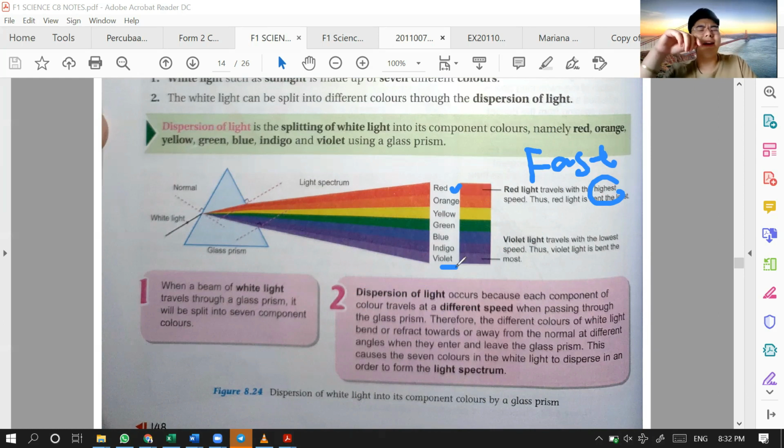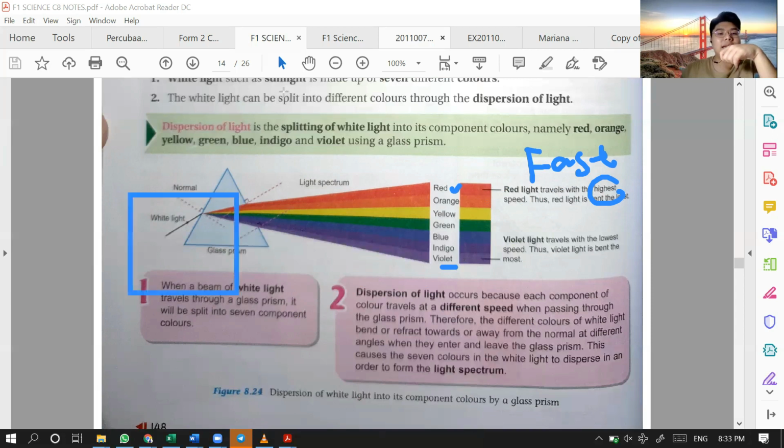If you don't understand the relationship between the speed and the glass block, think about it like this. If today I ask you to run across a padang, you are small, 40 or 50 kilos, you will run very fast, correct or not? When you run very fast, of course, you will stay on the padang for a very short time.